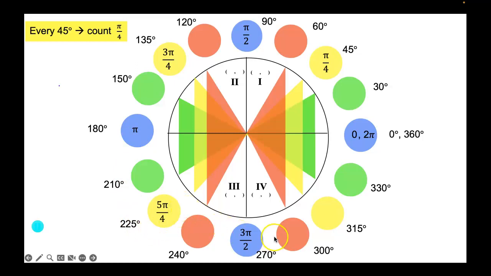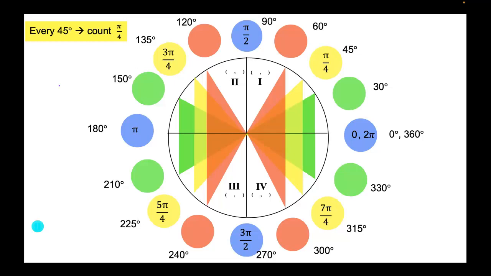Counting up another 1/4, I would get 6 over 4, which is 3 pi over 2. My next 45 degrees was the other 1/4, which was 7 pi over 4. And then I would count up by another 1/4, which would get me 8 pi over 4, which is the same thing as 2 pi.